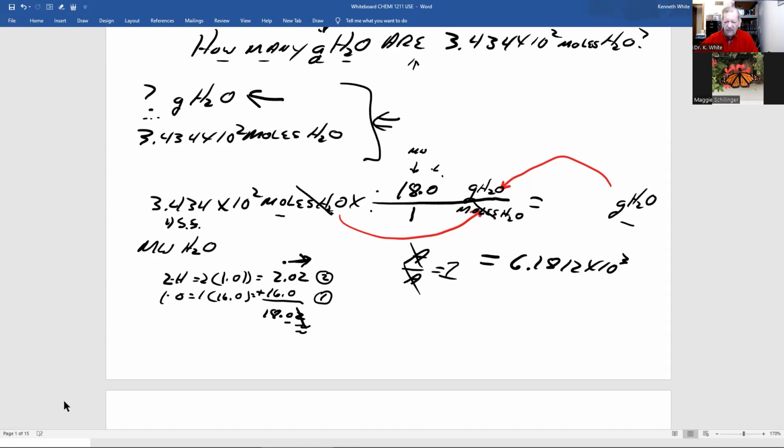Zeros after the decimal point are significant, so this number has 3 significant figures. Which is the lower number, 4 or 3? Hopefully you pick 3. Now you need to round 6.1812 to 3 significant figures. And I'll let you do that, and then I will.